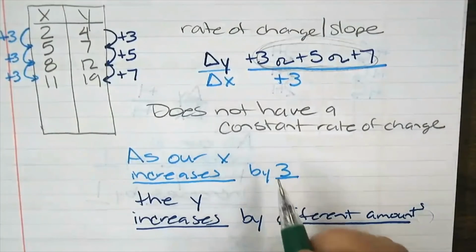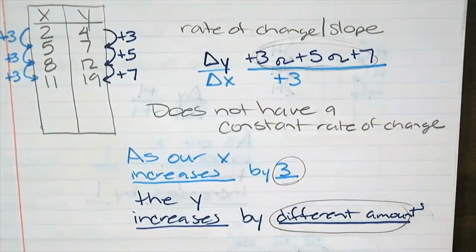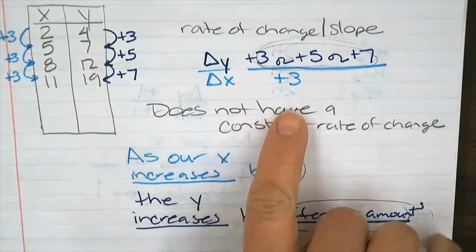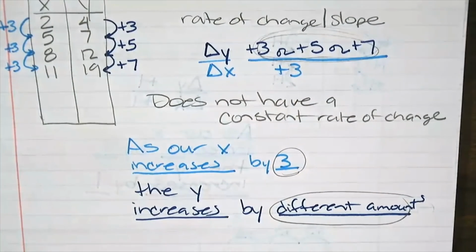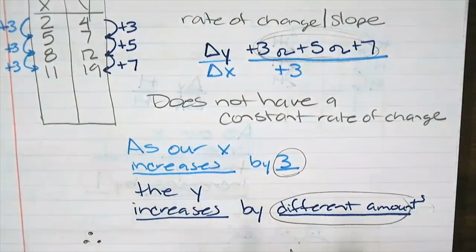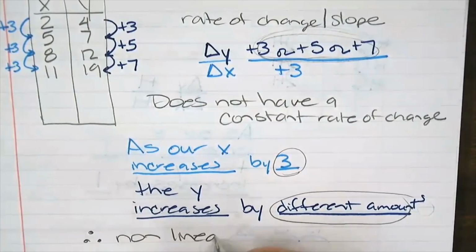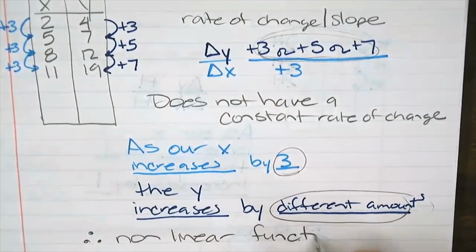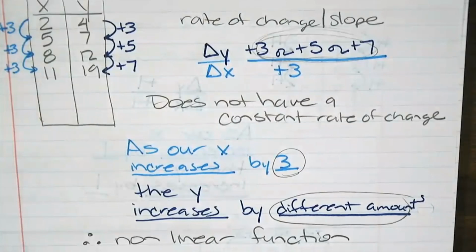So here, this is constant, but different amounts is not constant. We do not have a constant rate of change. Therefore, this is a nonlinear function. It's a function, but when you graph these points, they're going to curve. It's not a straight line. They're going to curve.